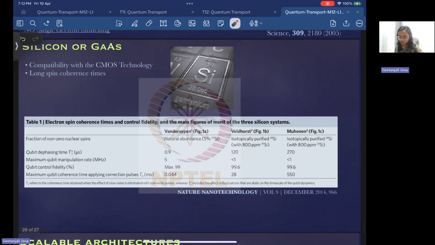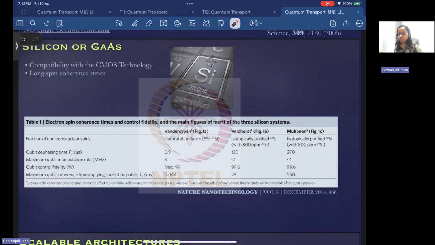The last thing that I need to discuss is why silicon is mostly preferred over gallium arsenide. Gallium arsenide is easy to fabricate, has high mobility, and also has high purity.